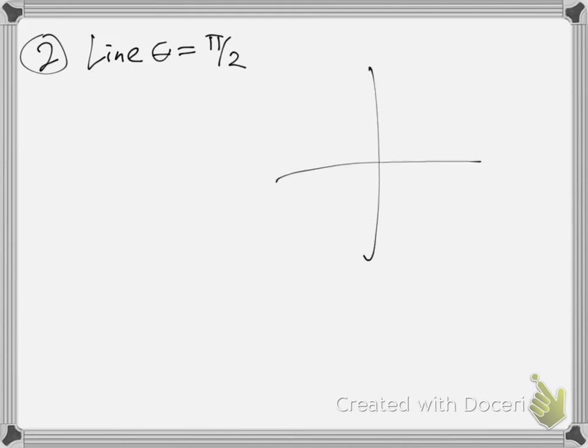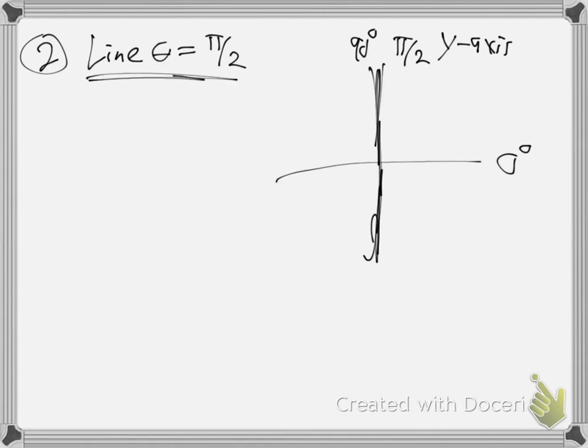What is that line? It's this line, right? That's 90 degrees. That's pi over 2. Remember, this is 0 degrees, and this is 90 degrees up here, straight up. So in other words, they're saying the y-axis, aren't they? That's the polar way of saying the y-axis. You tracking with me? So you see how we have the way we say things in the rectangular world, x-axis, y-axis, and then the way we say things in the polar world.